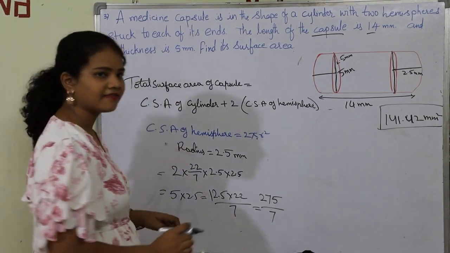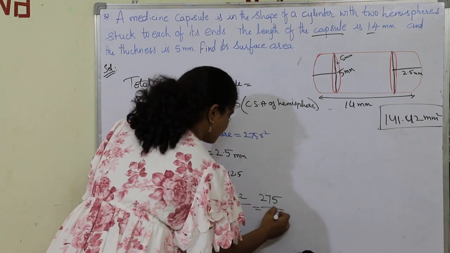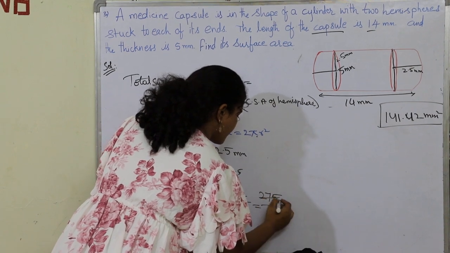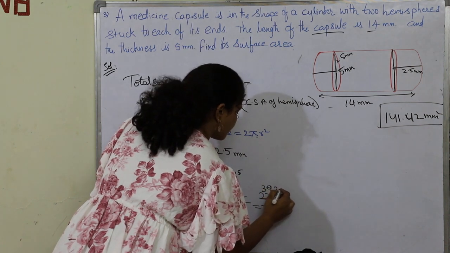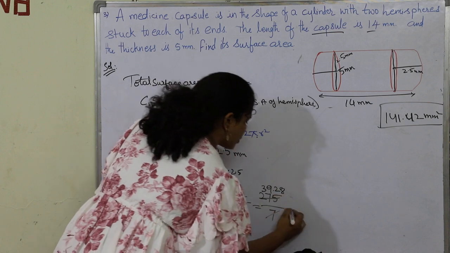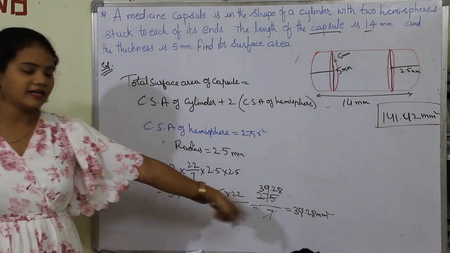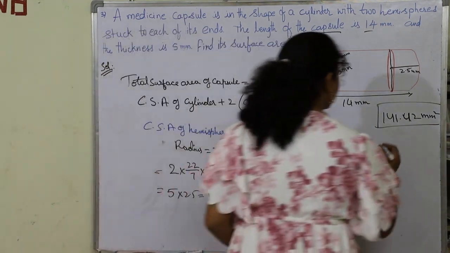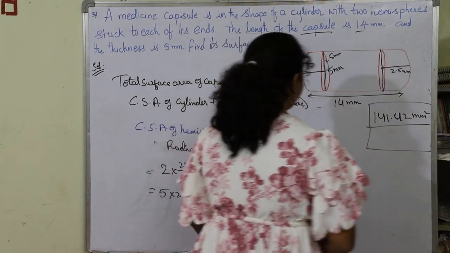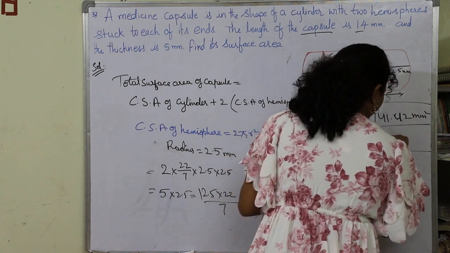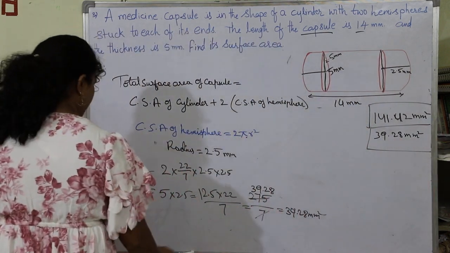Now 275 by 7 gives 39.28. So I can write 39.28 millimeter square. So I got that the curved surface area of the hemisphere is 39.28 millimeter square.